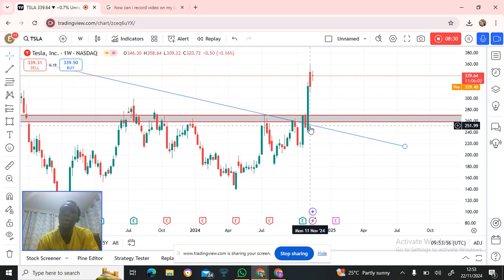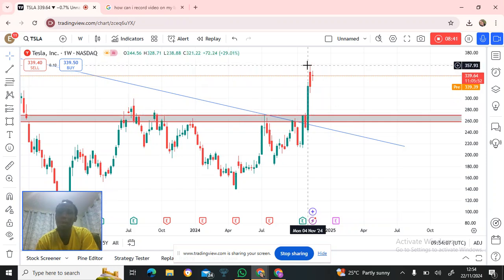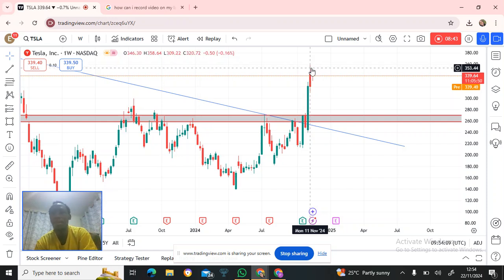So if you bought one share at 270 and held it, within just 2 to 3 weeks it is up to 359. You've made a difference of close to $80 per share. So if you bought $1,000, now you have 80,000 in capital. Now you do the difference, you remain with your profit. So that is how we trade the stock market.